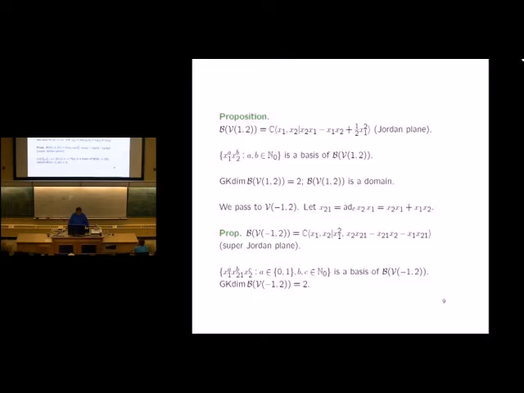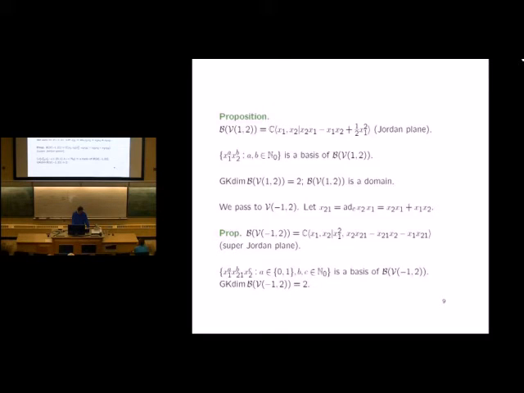And this cubic relation has to be understood as a kind of quantum Serre relation. All the algebras I will present have a PBW basis, and the basis is given by this rule: x1 to the a, x21 to the b, x2 to the c, with a between 0 and 1, of course, and b and c arbitrary. And the Gelfand-Kirillov dimension of this guy is 2.